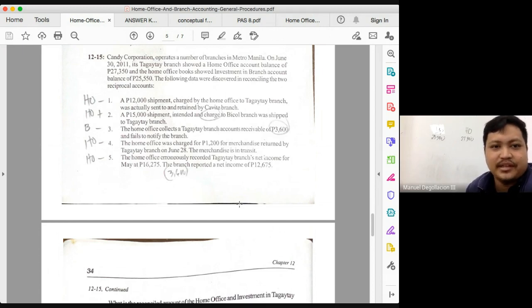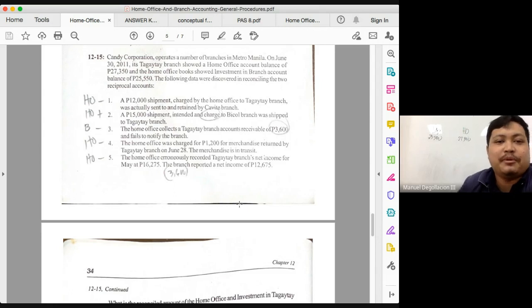And we have 5 transactions. Okay, number 1. A 12,000 shipment charged by the home office to Nova branch was actually sent to and retained by QC branch.